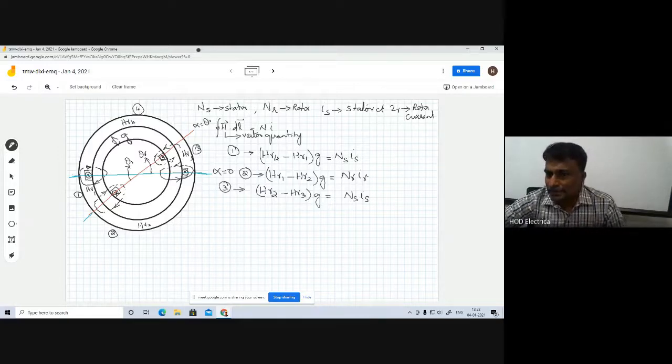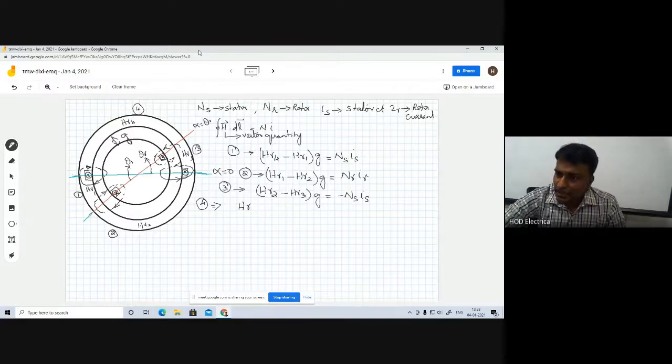But at the same time, in this region current is entering, and here current is leaving. So IS is nothing but minus IS. So I am writing here 1 minus. Then the fourth equation: here the current is towards left to right HR3 and towards right to left HR4.